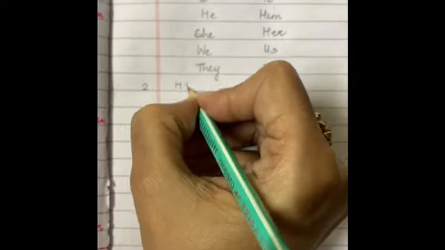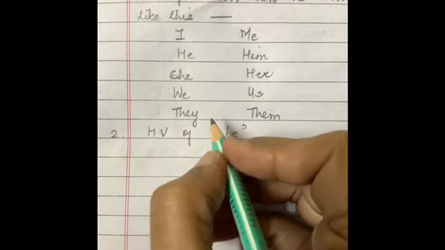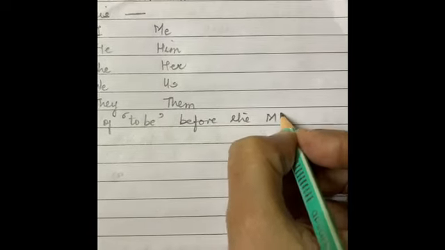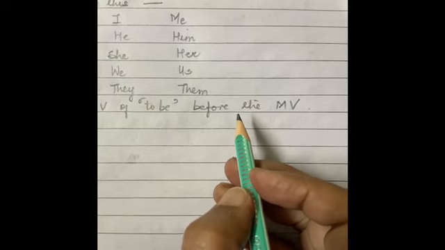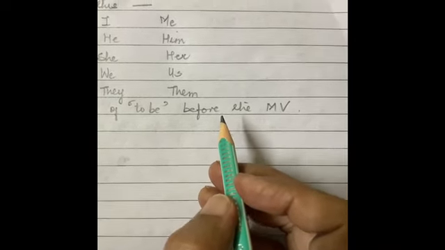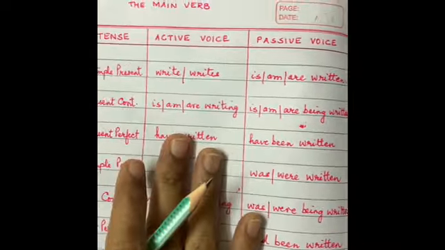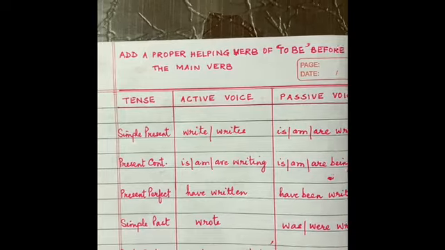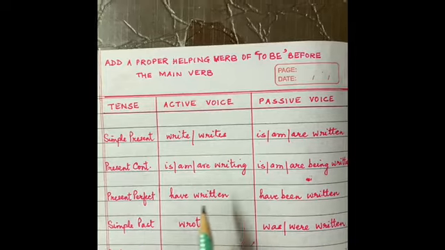Secondly, we need to add a proper helping verb of to be before the main verb. This helping verb is decided based on tenses. Now with an example of the main verb write, look into the different helping verbs as per the tenses one by one. I have already prepared the chart for you.